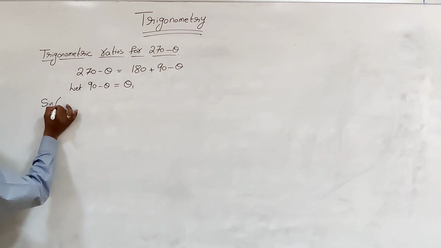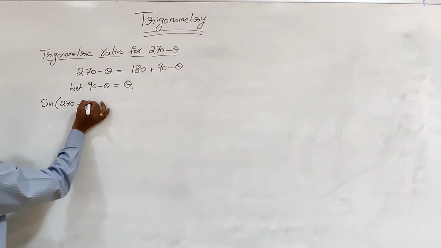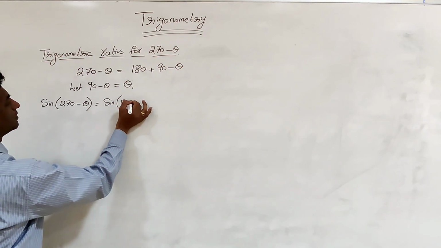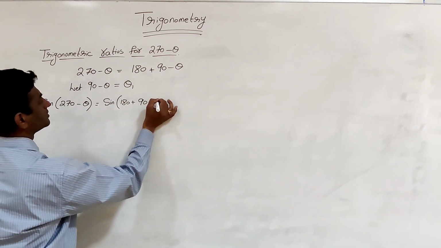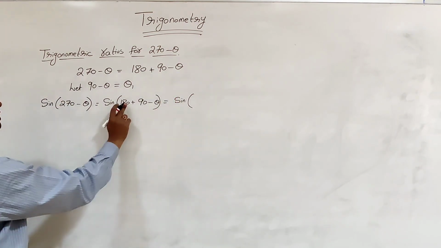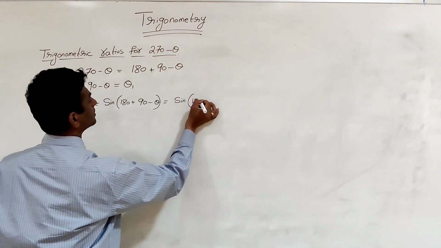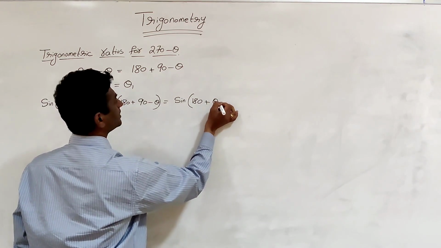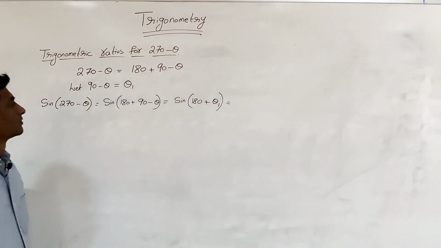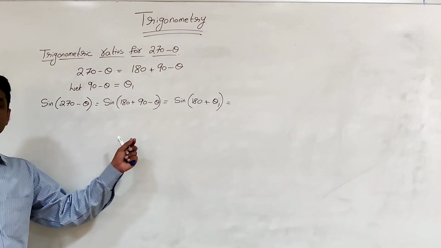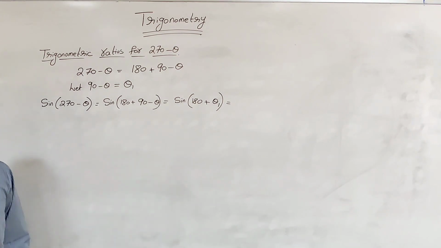Sine of 270 minus theta is sine of 180 plus 90 minus theta, and that is sine of 180 plus theta 1. Now it is in the form sine of 180 plus theta. In the previous part we have seen the trigonometric ratios for 180 plus theta.